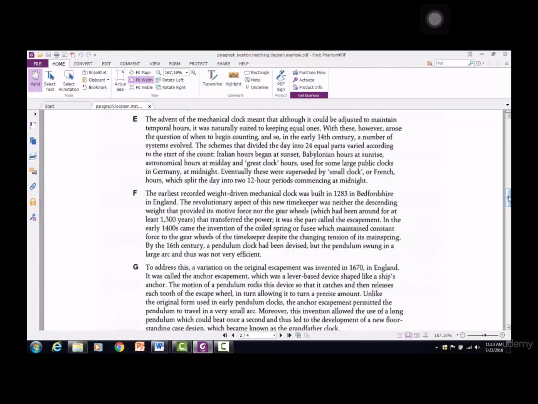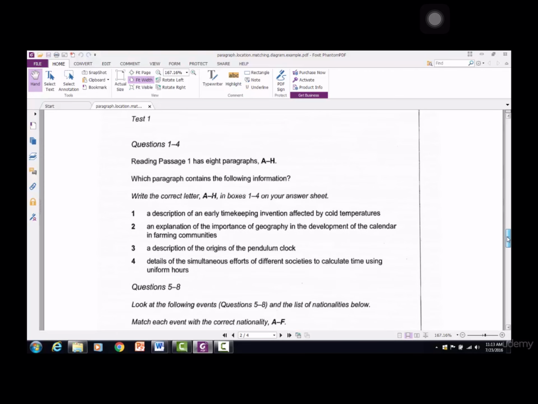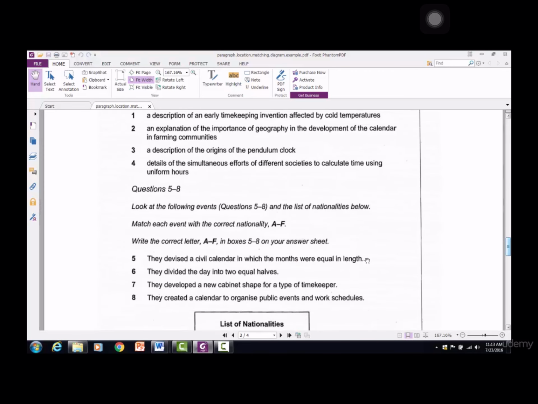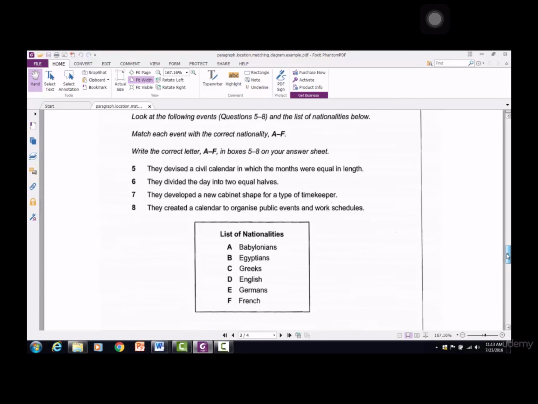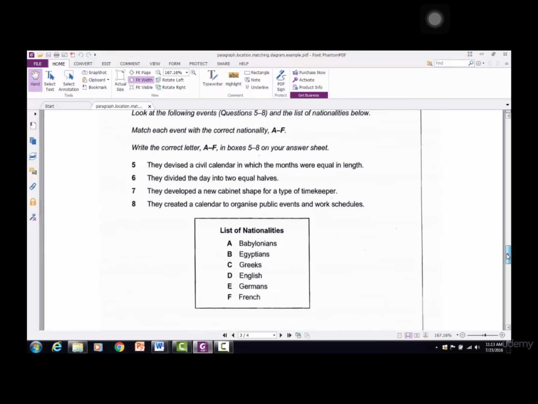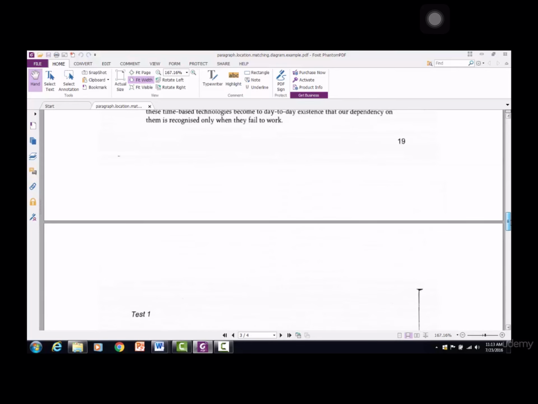So the French split the day into 2 12-hour periods. I think that's a match. Yeah, that's a match for number 6. They divide the day into 2 equal halves. So Germany doesn't match anything, but for the French, the correct answer for number 6 is F. And then number 7, we know it's going to be English because we've seen everybody else. Develop a new cabinet shape.